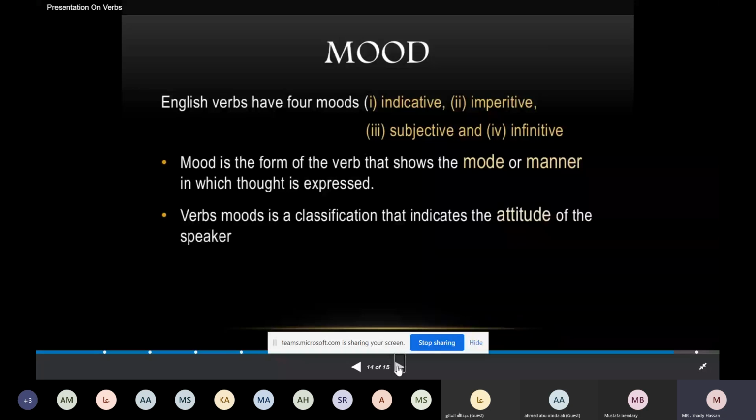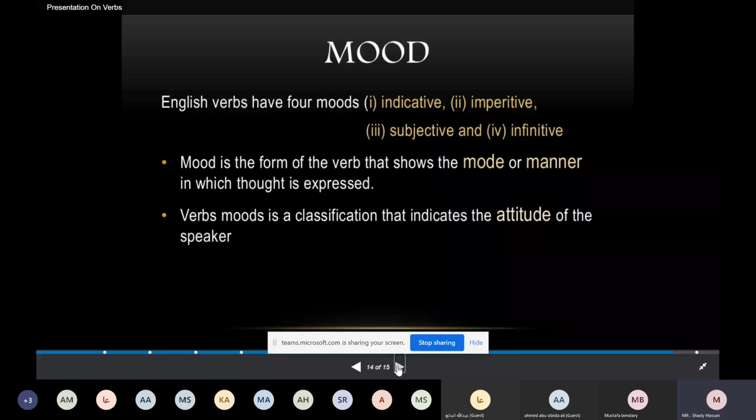For the subjunctive mood, it's hypothetical or contrary to fact. We always find it in the wish sentences, in the conditional ones, especially those that express something hypothetical or not real. For example, if I were a king, you'd be a minister.